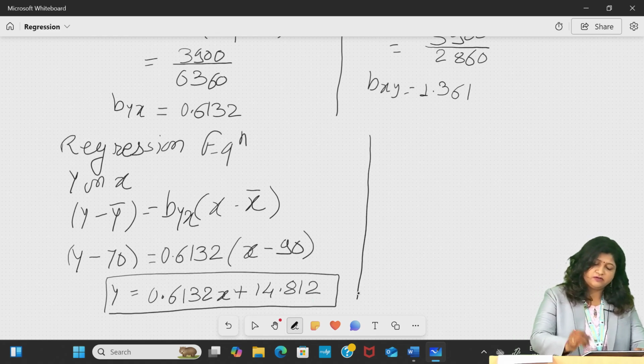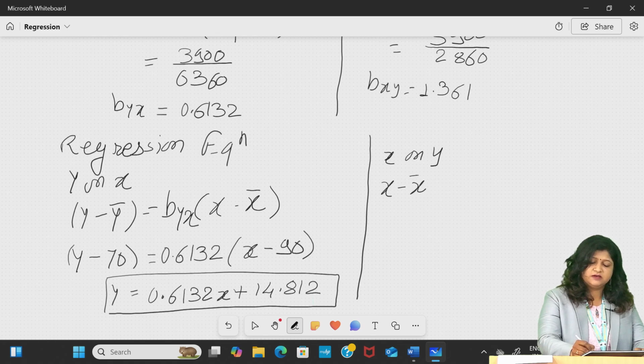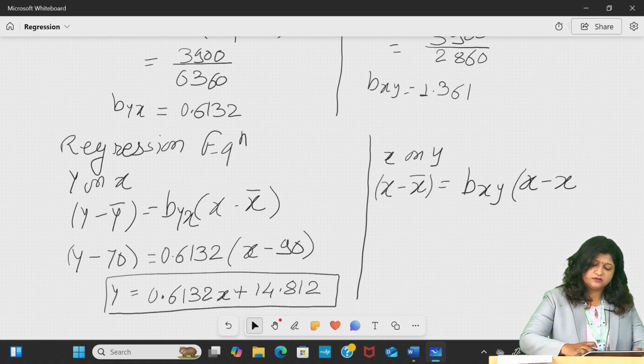Similarly, we are going to calculate the x on y equation. That equation is x minus x bar is equal to bxy into y minus y bar, since here y will be the independent variable.